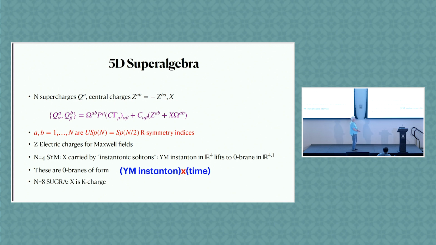So this is interpreted as a soliton in 4+1 dimensions. You have a localized core with a time-like evolution that looks like a solitonic particle, and I refer to these as instantonic solitons. Such objects are BPS and carry this charge X. And in n equals 8 supergravity, X is the charge I was referring to as the k charge, and we'll say more about that in a moment.